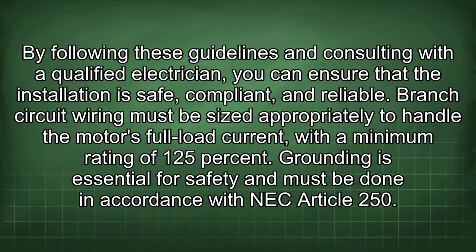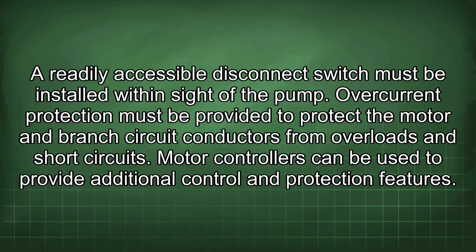Branch circuit wiring must be sized appropriately to handle the motor's full load current, with a minimum rating of 125%. Grounding is essential for safety and must be done in accordance with NEC Article 250. A readily accessible disconnect switch must be installed within sight of the pump.